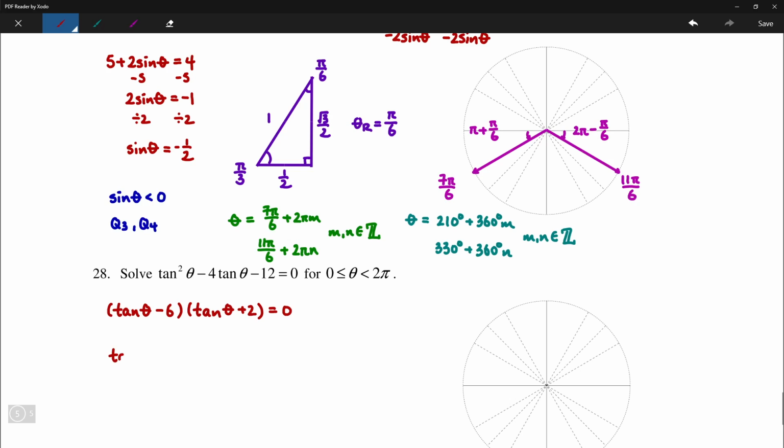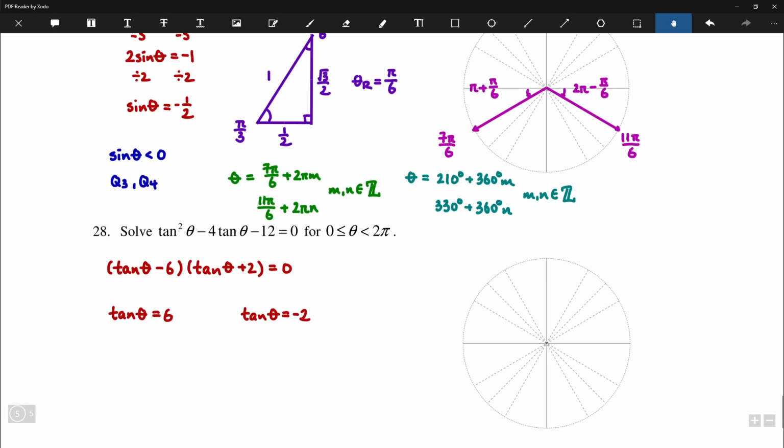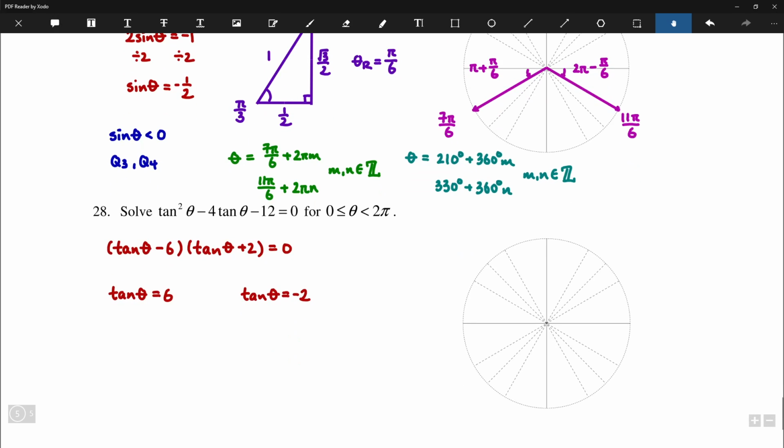So that means either tangent theta is equal to 6 or tangent theta is equal to negative 2. Okay, so each one of these will give us two solutions. The first one here, theta is equal to arctangent of 6. And since here tangent theta is positive, that means we have quadrant 1 and 3 to contend with.